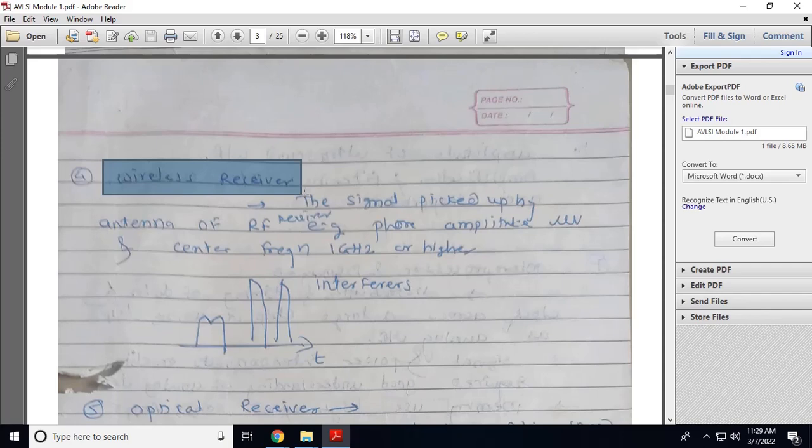You have to design an amplifier that increases the amplitude of the signal, converting the microvolt signal into volts. But at the same time you have to consider the center frequency of 1 gigahertz, which is very high. So in analog amplifier design, you have to consider the frequency response of that amplifier.